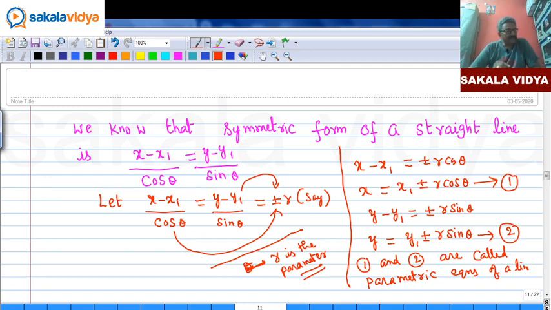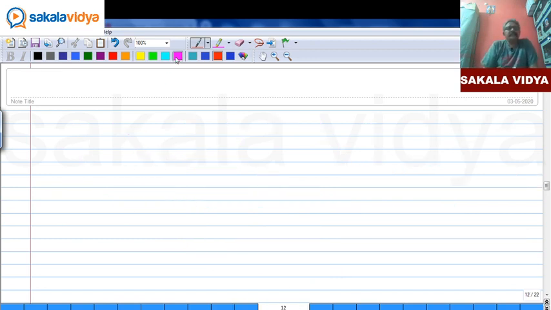Yes, parametric equations. So, what is the use of the parametric equations? Let's have a discussion. For example, you take a line like this. Let us take a point A whose coordinates are x1, y1.